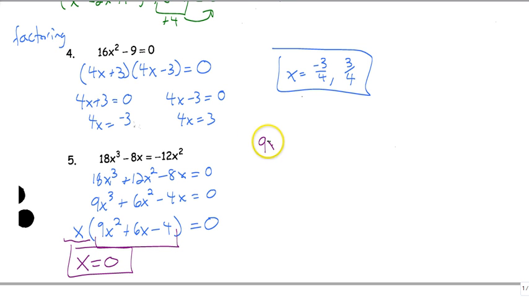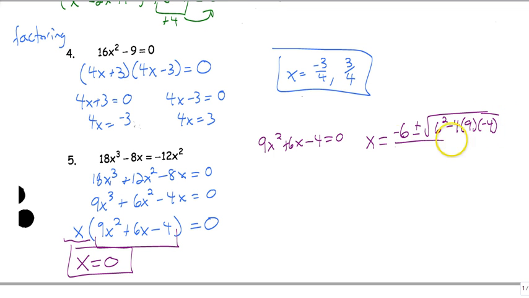Now we also have 9x squared plus 6x minus 4 is equal to 0. Here's where we would probably use quadratic formula, because to pull a 9 out of both of these, you're left with fractions. Completing the square is not fun. So let's use quadratic formula. X equals opposite b plus or minus the square root of 6 squared minus 4 times 9 times negative 4, all over 2 times 9.